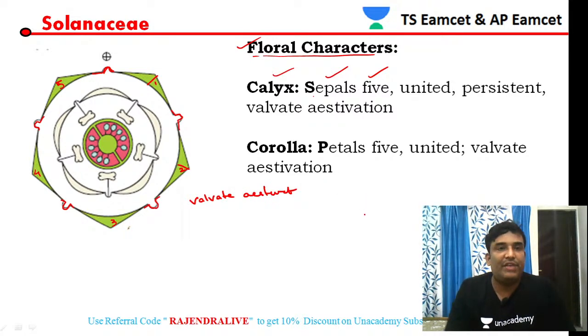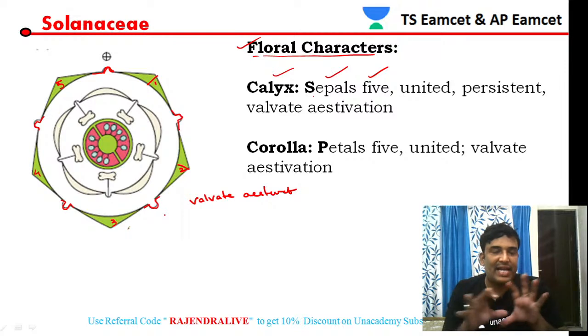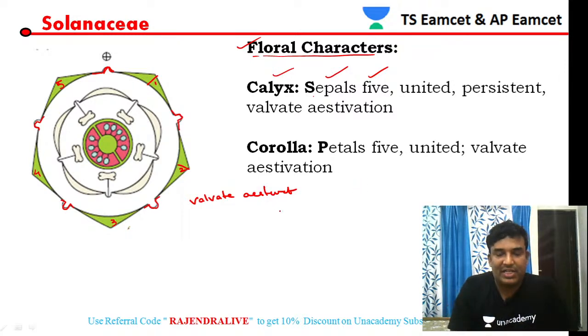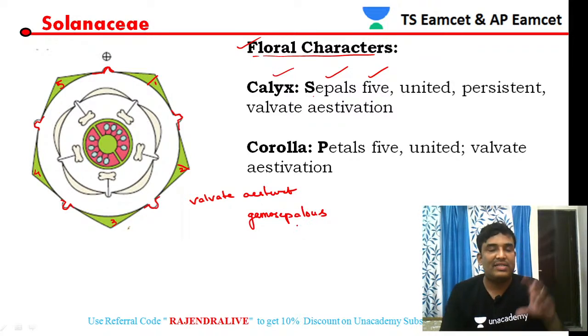The given floral diagram shows the valvate situation, where sepals are arranged side by side, and when sepals are connected to each other, such a condition is called gamosepalous. So the sepals are gamosepalous in nature and show the valvate situation.